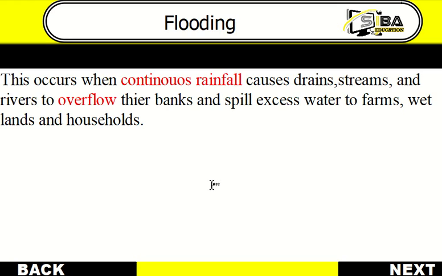Now let's take a look at what flooding is. Flooding occurs when continuous rainfall causes drains, streams, and rivers to overflow their banks and spill excess water to farms, wetlands, and households.